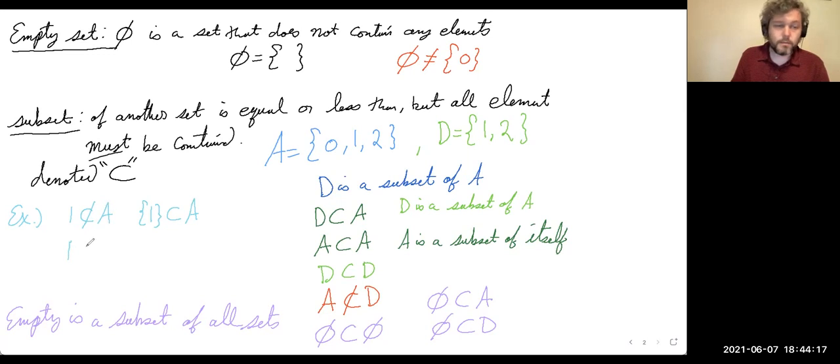Same line of thinking, the number 1 is an element of A. That's true. It is inside A. But the number 1, well, I don't think I could combine these ideas.